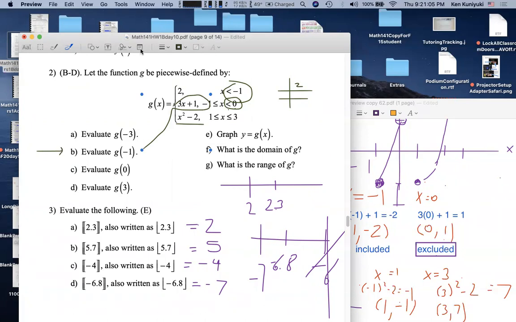I don't understand how that doesn't work. 3 times -1 plus 1 is -3 plus 1 or -2. That's the answer, right? Yeah. Right. Oh my god. I just honestly thought, I don't know why I mixed up 2 and 1. Yeah, and it's just barely in the domain, but does count, right?